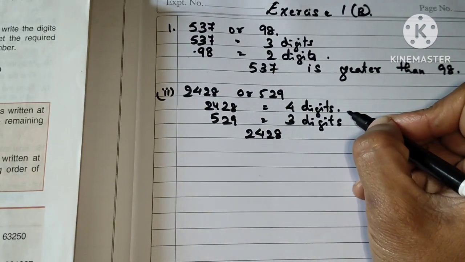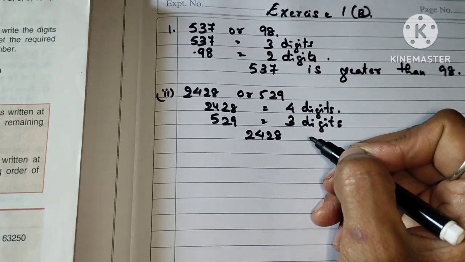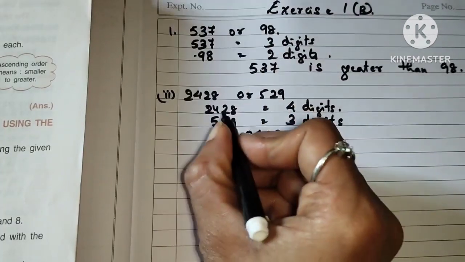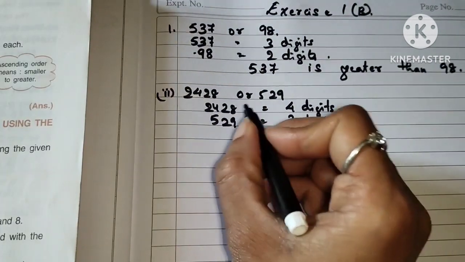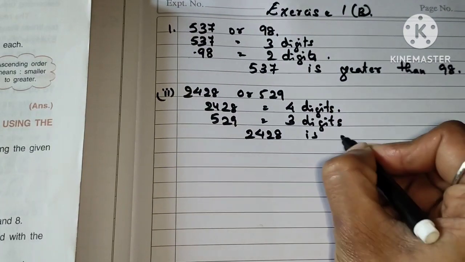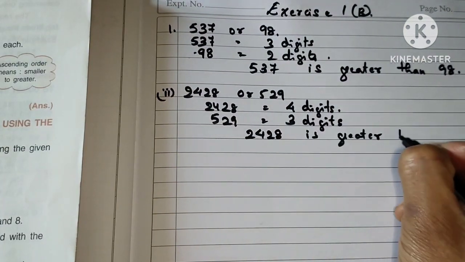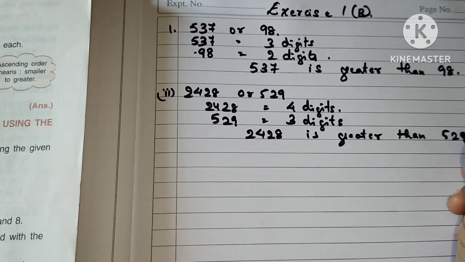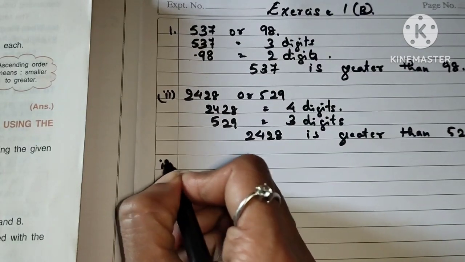As we know the rule, the number with the greatest digits is greater than the number with the smallest digits. 2428 is greater than 529. Okay, we'll move on to the third question.